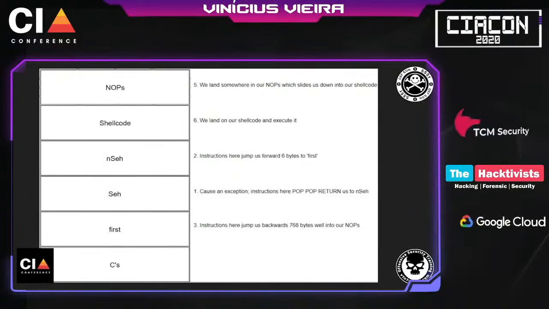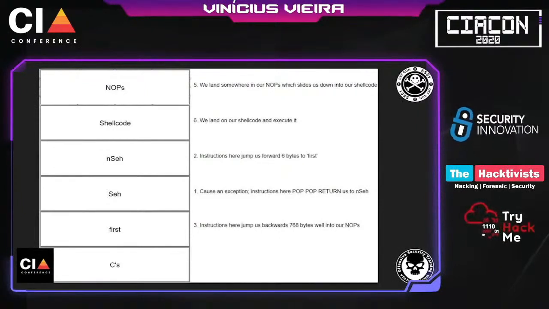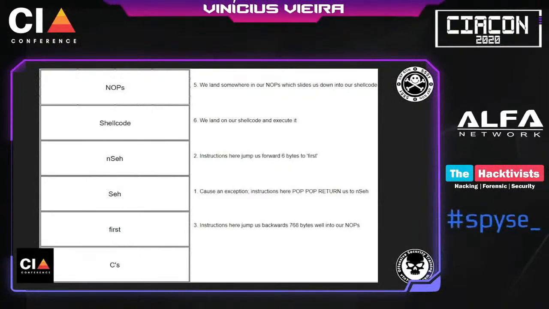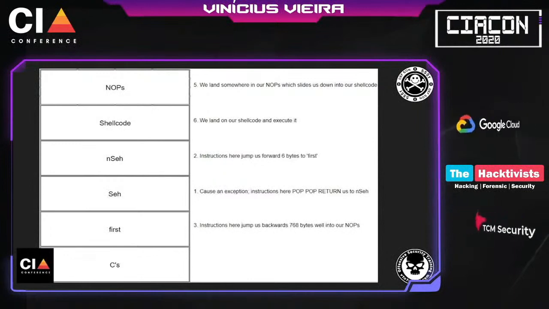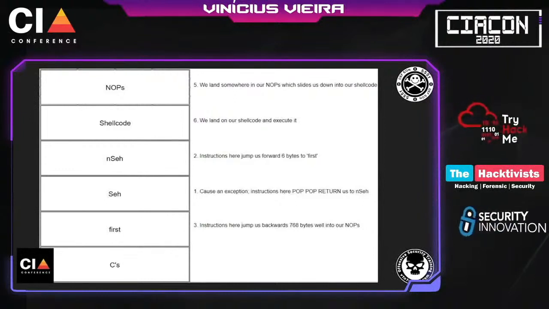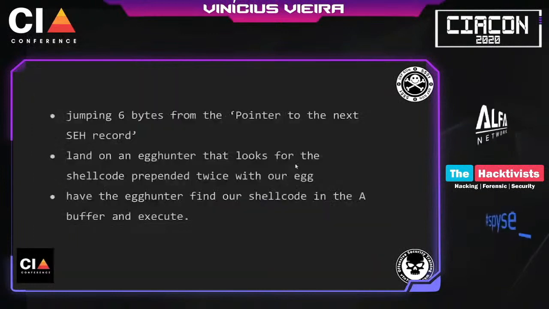After jumping forward 6 bytes, the instruction at this location tells execution to jump backwards 768 bytes. After jumping 768 bytes, we'll slide down a NOP sled to our shellcode at the end of our NOP sled buffer, and finally the program executes our shellcode.